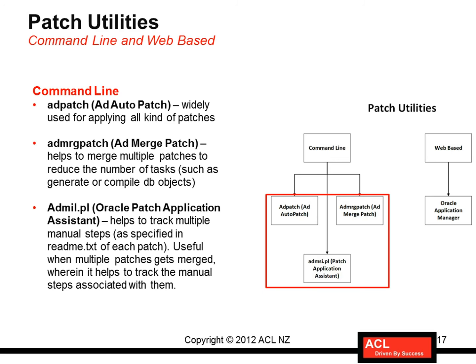Say for instance, if you have applied a financial family pack, you've done some manual steps, and when you're coming back and applying similar patches again, and you simply want to see what you have done previously and you don't want to do those steps again, then this utility helps you, because it not only tracks the manual steps, but it also stores the history of the information of the manual steps.